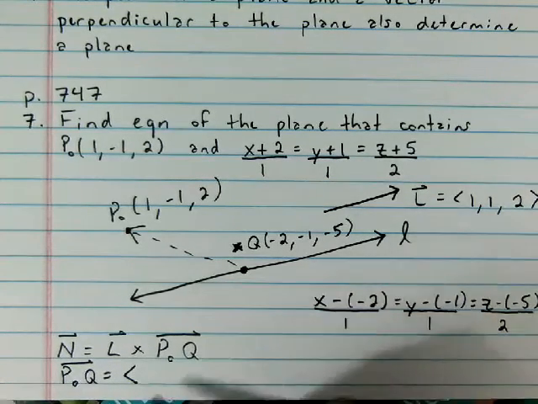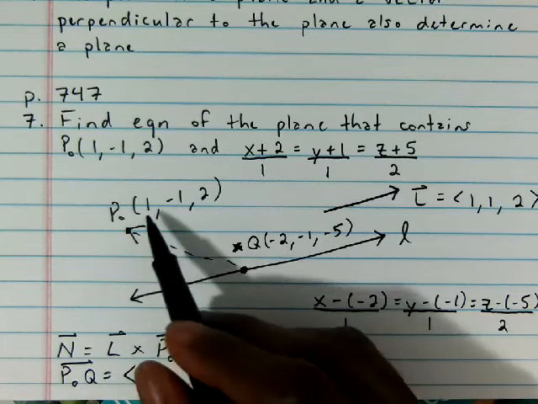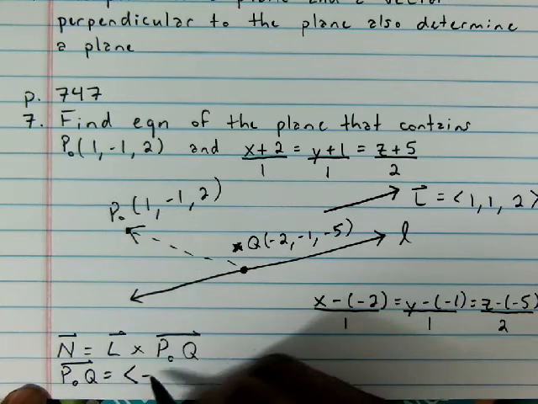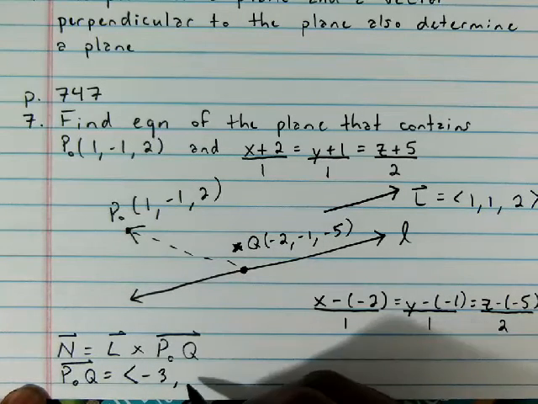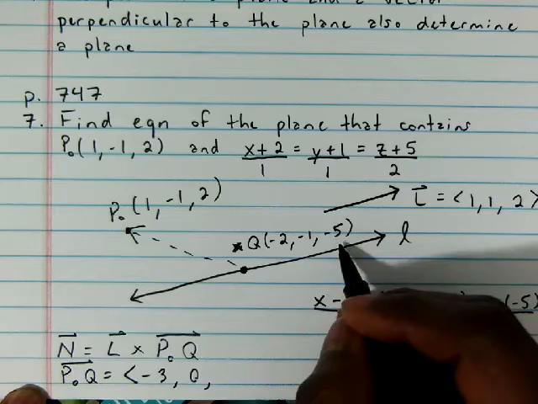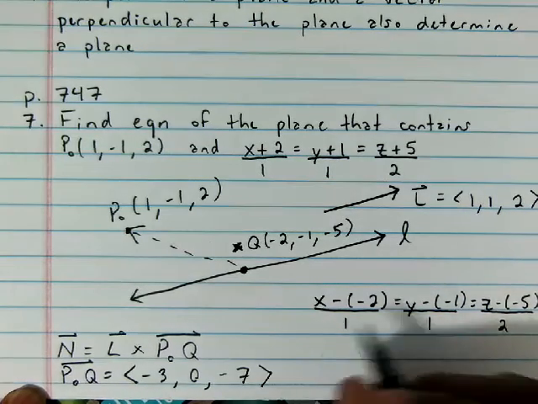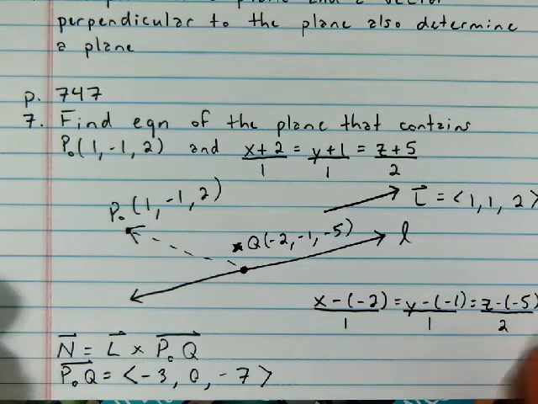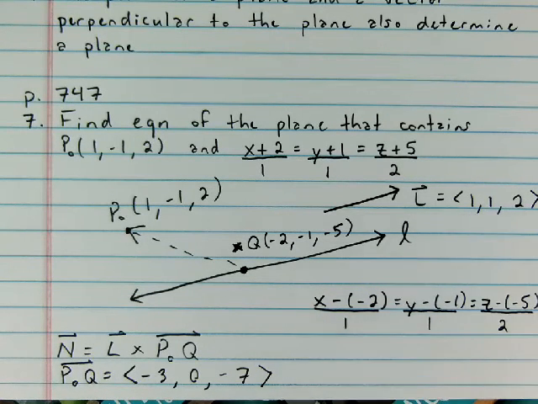All right, so remember, if we're doing P naught Q, we're going to do -2 minus 1, and then -1 minus -1, and then -5 minus 2. All right, now we can do this vector L, 1, 1, 2, cross with this vector -3, 0, -7.